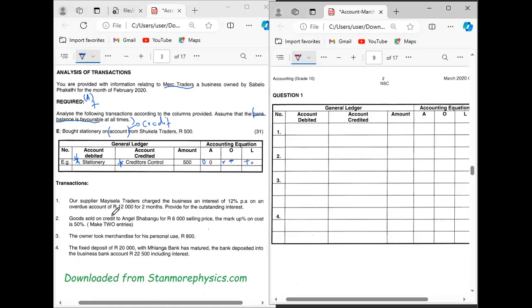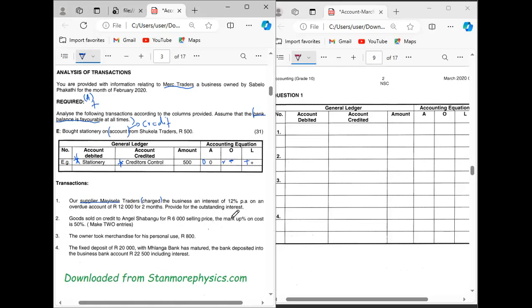So what is happening in this transaction? They are telling us that our supplier, the keyword is our supplier, Maisela, charged the business an interest of 12% on an overdue account of 12,000 for 2 months.